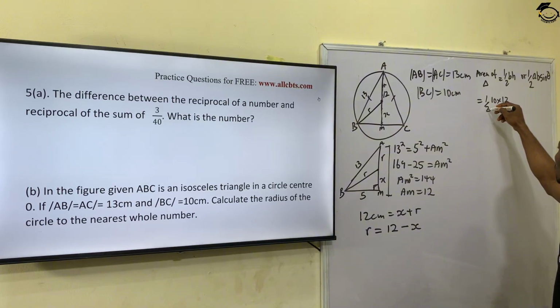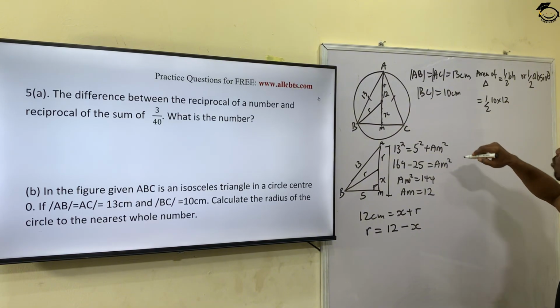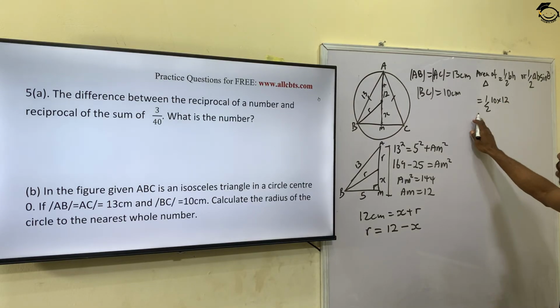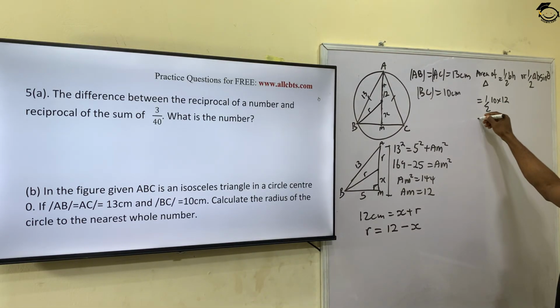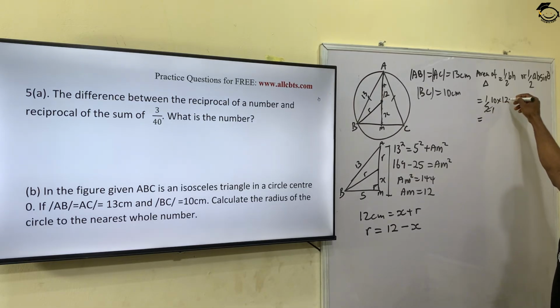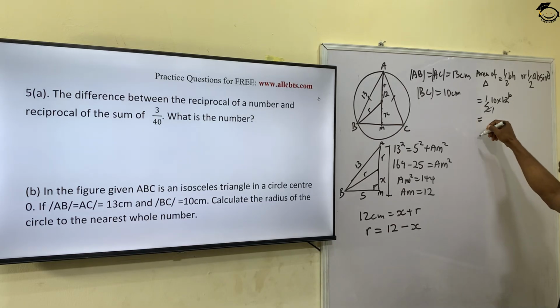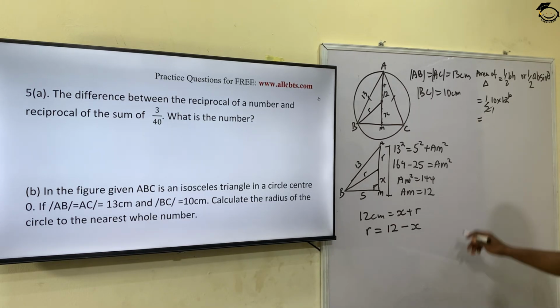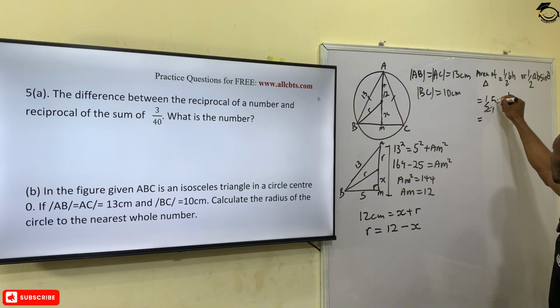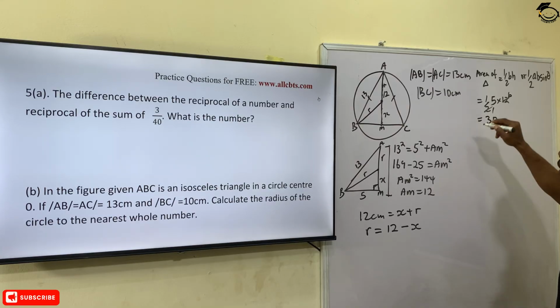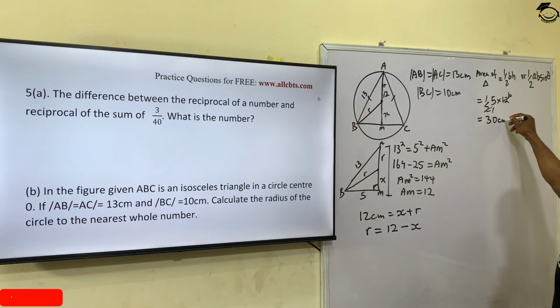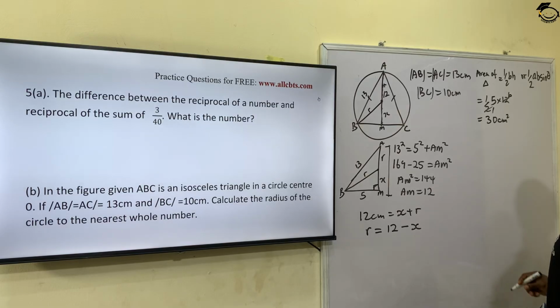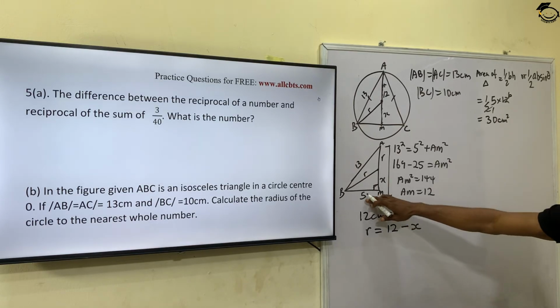So our base will become 5 times 6 will be 30 centimeter square as our area of our triangle.